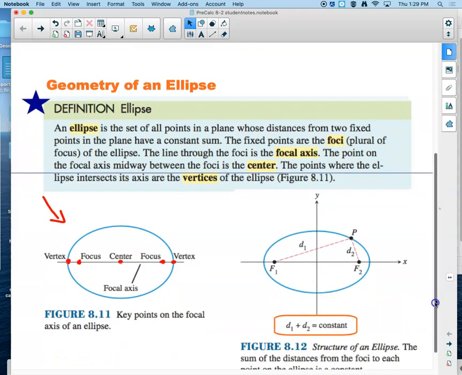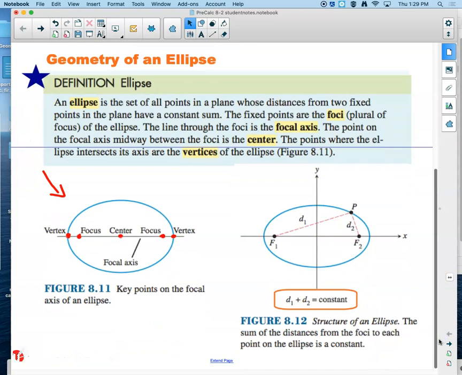And in the second drawing, they help us by showing us that the distance from the foci to a point on the ellipse will always sum to the exact same amount. It doesn't matter if I pick a point down here, up here.